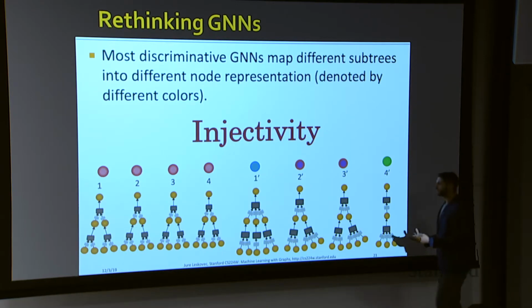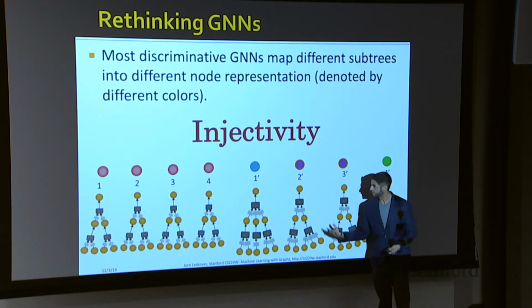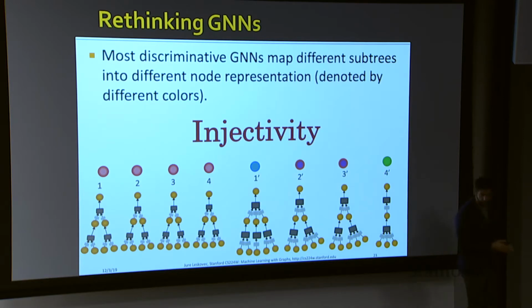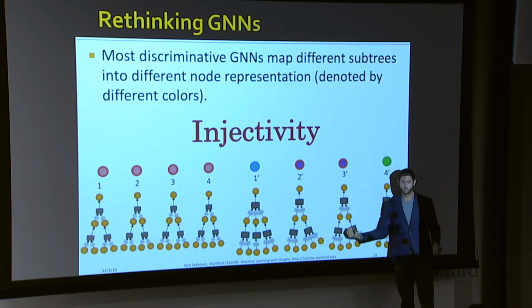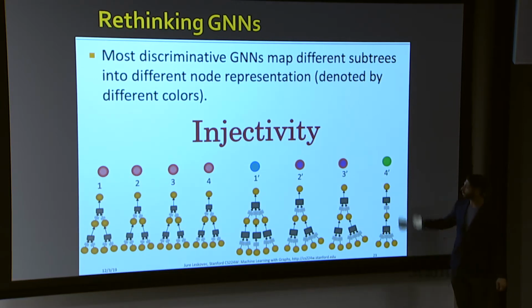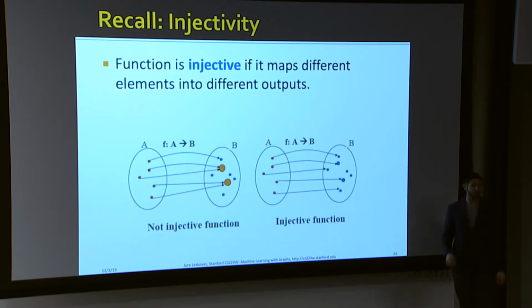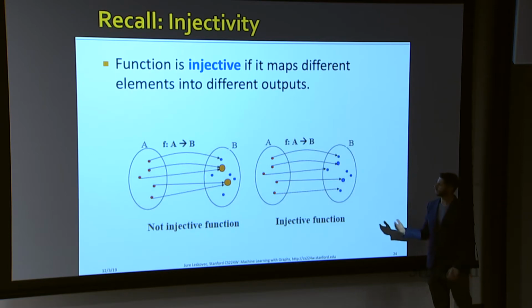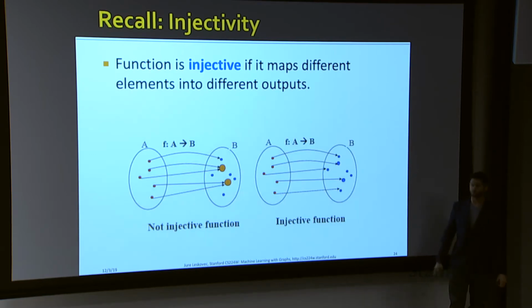So at the end of the day, what we really want is a way to build an injective function that goes from our node to its representation. Now, in case you forgot your first year of maths, I'm going to give a very quick refresher on what it means for a function to be injective. A function is injective if it maps different elements into different outputs, okay?